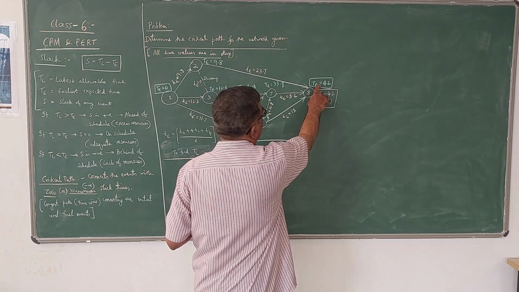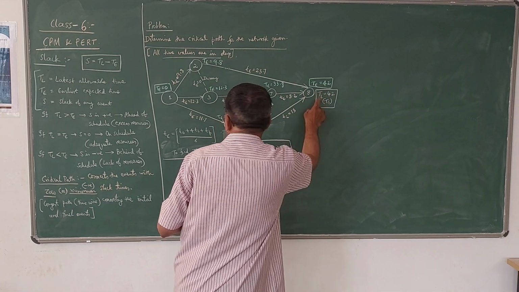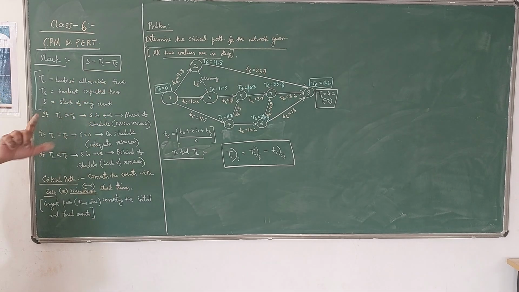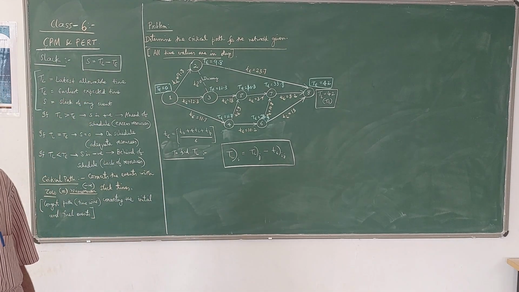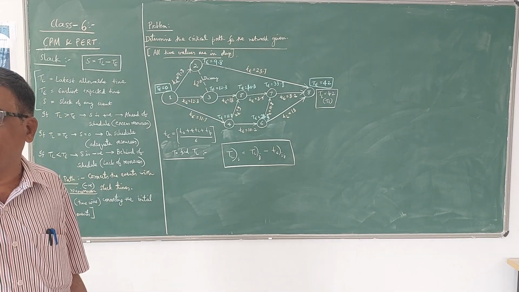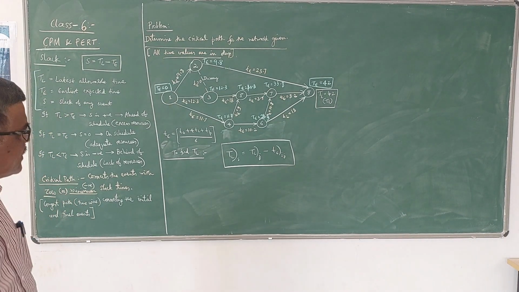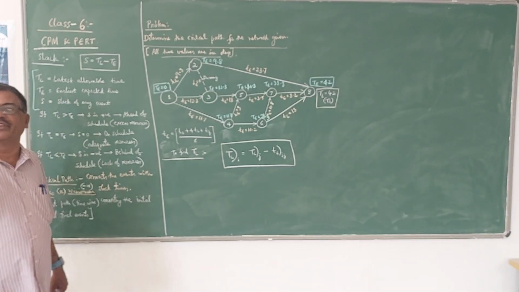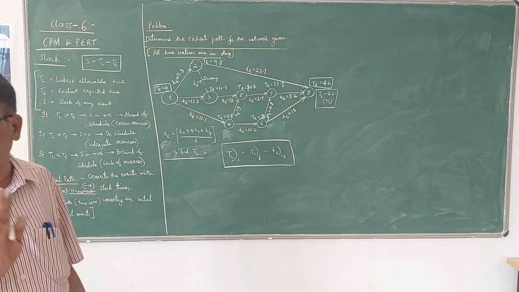If you take TE also 42 and TL also 42, the slack becomes 0, correct? That means we are finishing the project on time. We are not finishing early and not finishing late. It is 0 slack, that is, adequate resources are there and we are finishing on schedule. That is the main thing we have to take here.